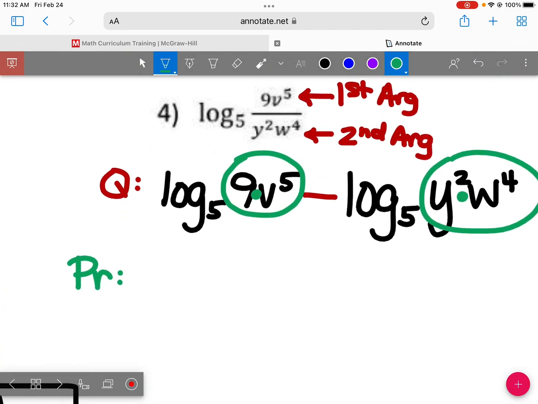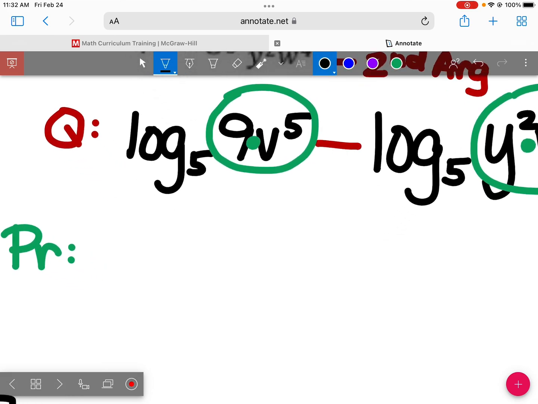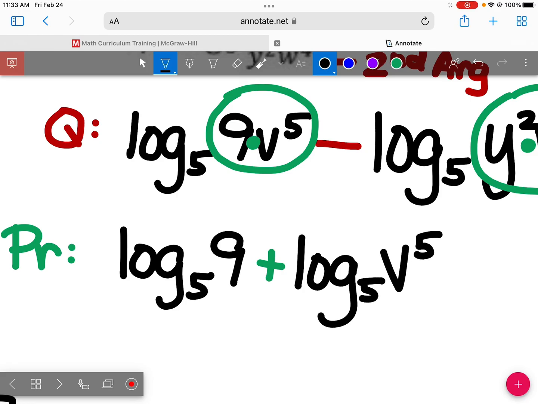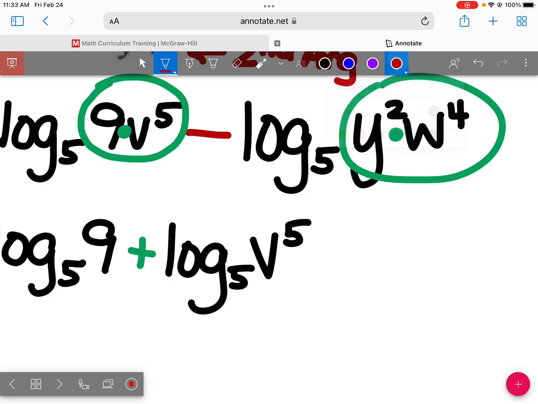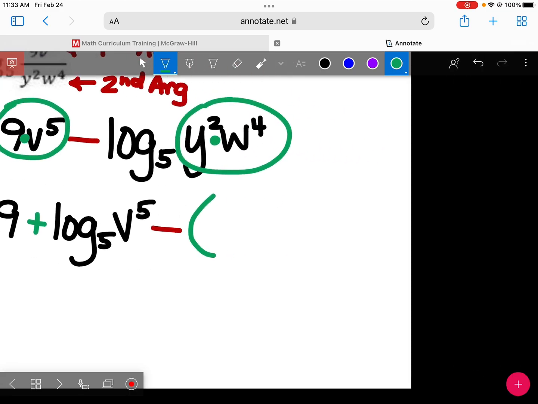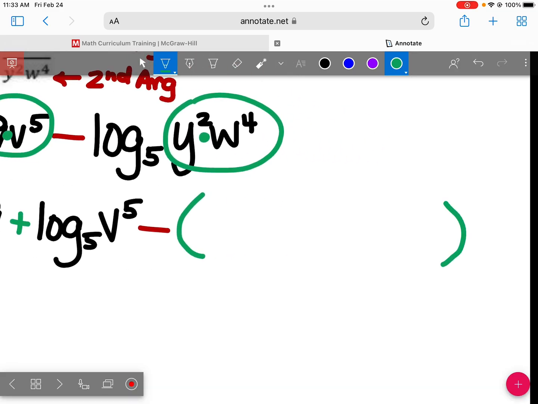So I'm going to have log base 5 of 9 plus log base 5 of v to the 5th minus, and now here's where you've got to be careful. There are 2 logs here, but they both come after this minus sign. So I have to put this inside parentheses because I have to show that both of these came from the bottom.